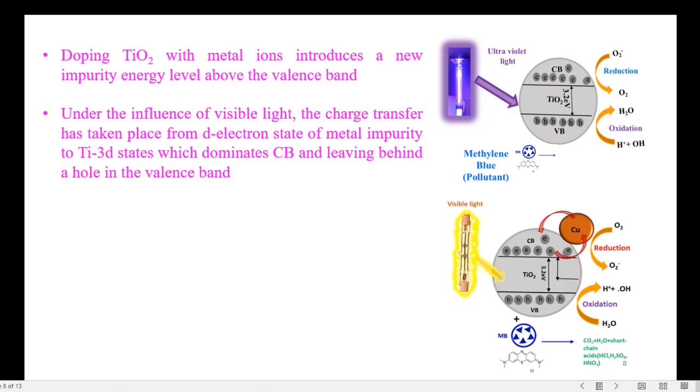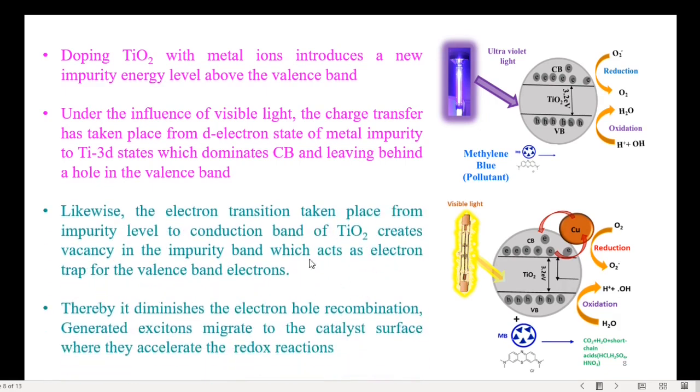Likewise, the electron transition from the impurity level to the conduction band of TiO2 creates a vacancy in the impurity band, which acts as an electron trap for the valence band electrons. Thereby it diminishes the electron-hole recombination, and the generated excitons migrate to the catalyst surface where they accelerate the redox reactions.